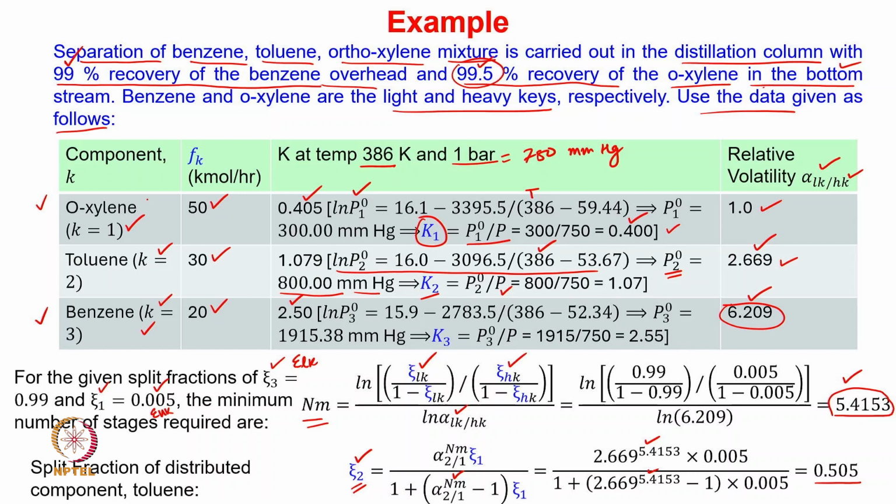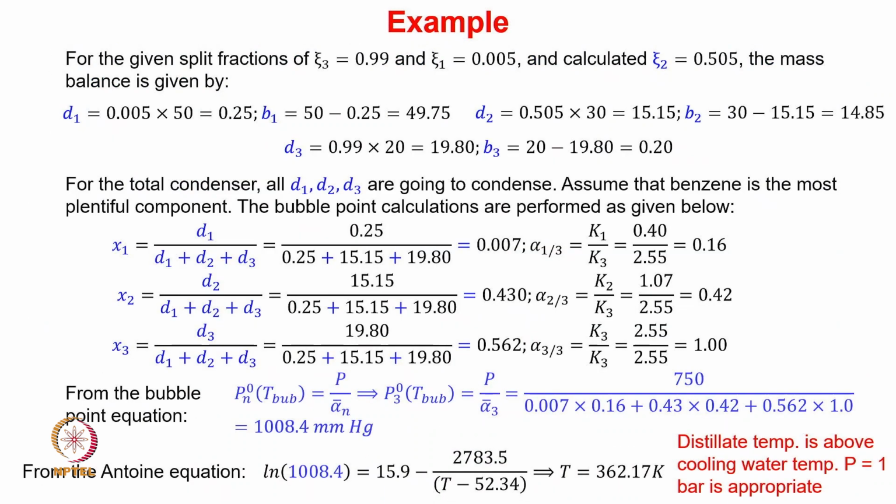With this calculation we have now obtained the split fraction for the light key component, which is 0.99, the split fraction for the heavy key component, which is 0.005, and the split fraction for the distributed component, which is 0.505. Now with this we can do our mass balance for vapor and liquid.